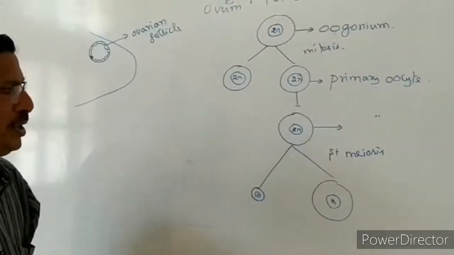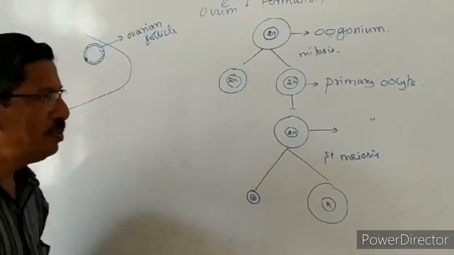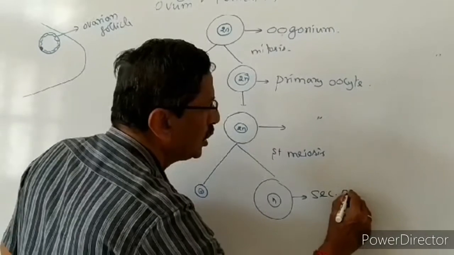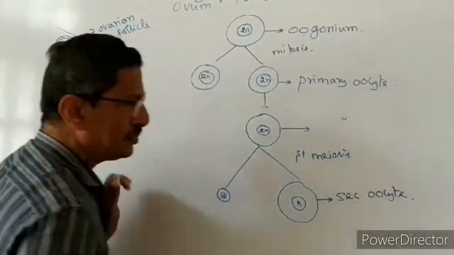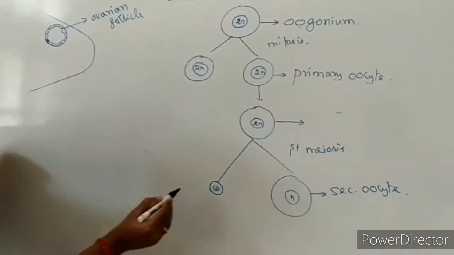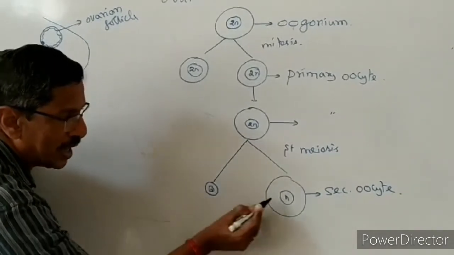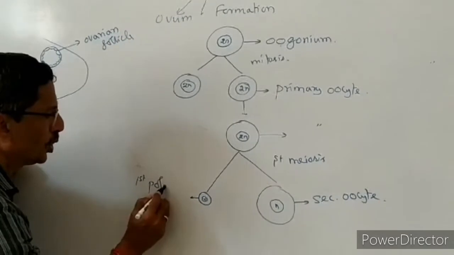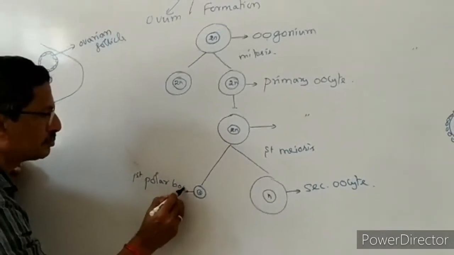So two daughter cells are produced. This bigger cell is called the secondary oocyte. And the small cell produced along with the secondary oocyte is called the first polar body.